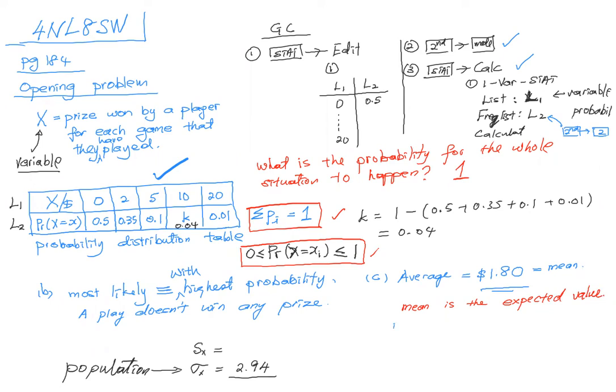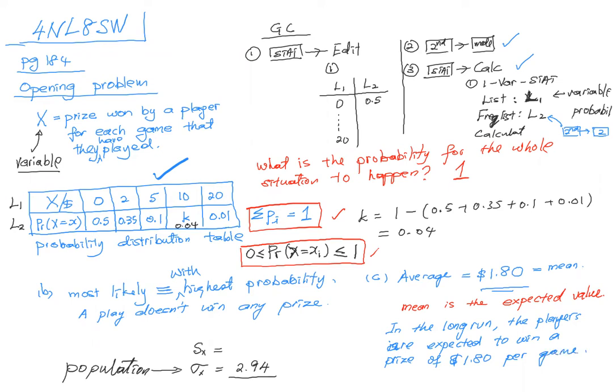So I will say, in the long run, that means when you play this many times, the player is expected to win a prize of $1.80 per game.